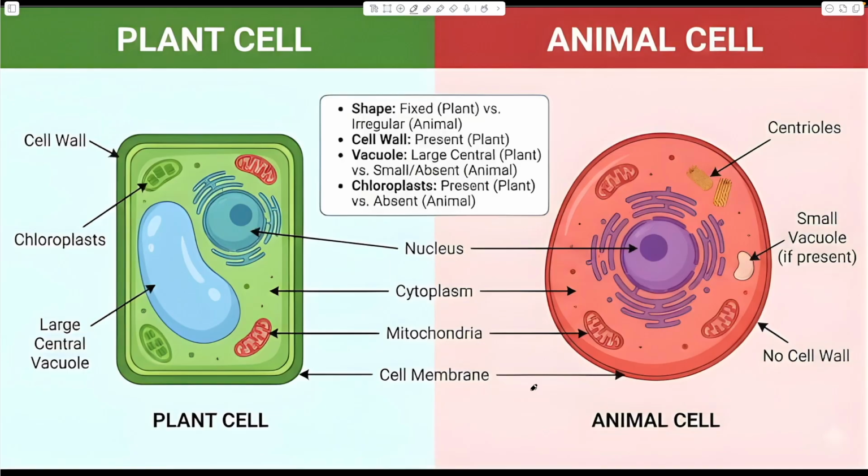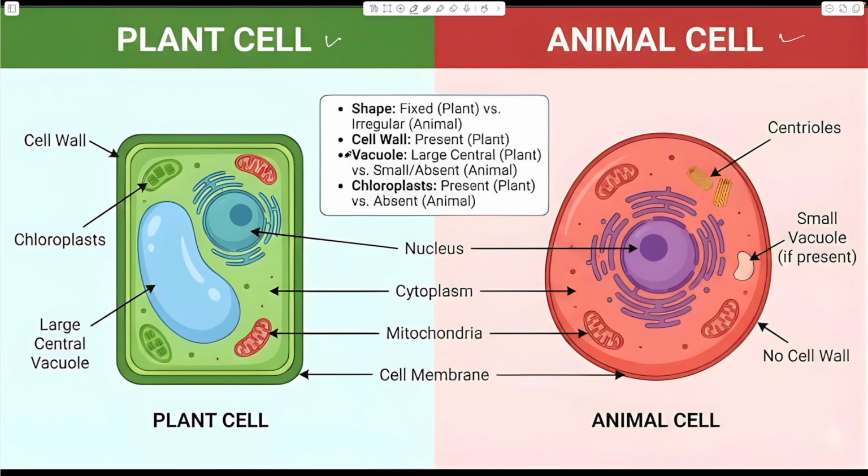Before starting, let's look at the beautiful structure of these cells. Over here we have plant cells, and over here animal cells. Now you can see an interesting thing, right? The two cells look different, as well as similar.